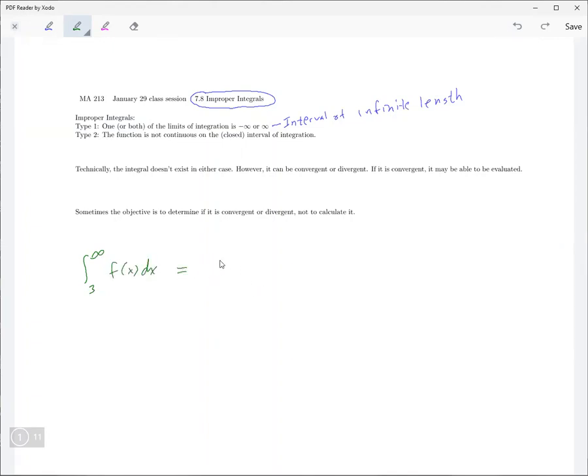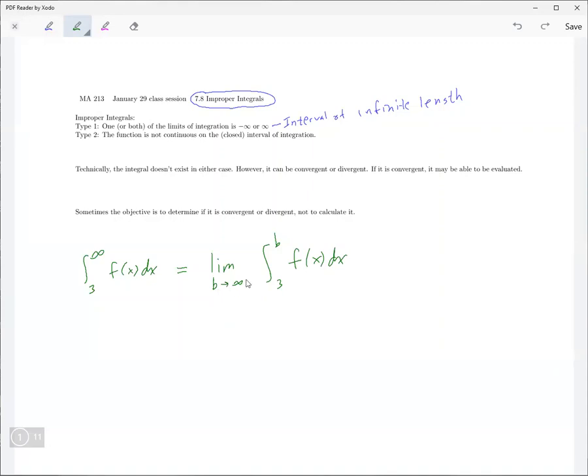What will happen is this integral, if it converges, will be the limit as b goes to infinity of the integral from 3 to b. If this limit exists, then the integral is convergent, and it can maybe be evaluated if you can find this limit.